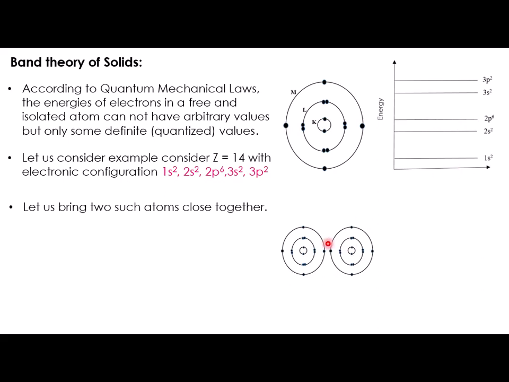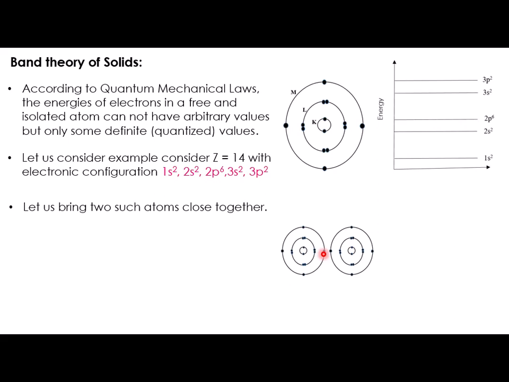The 4 electrons of the outermost shell of this atom will interact with the 4 electrons of the outermost shell of that atom. As a result of this interaction, the allowed energy levels of these electrons will be modified a little bit. Some energy levels will go down, some energy levels may go up.